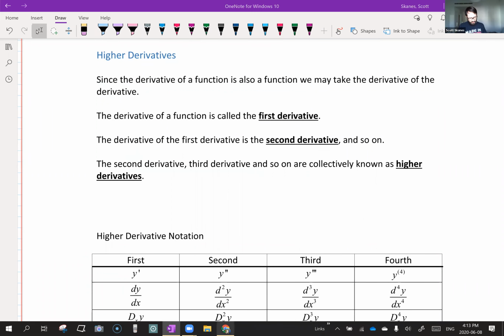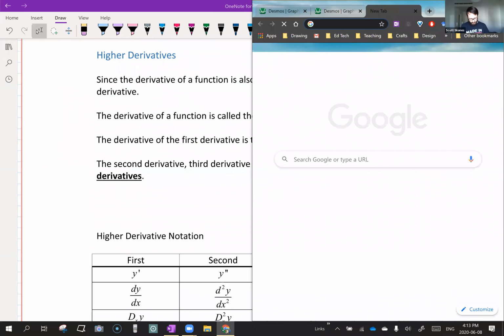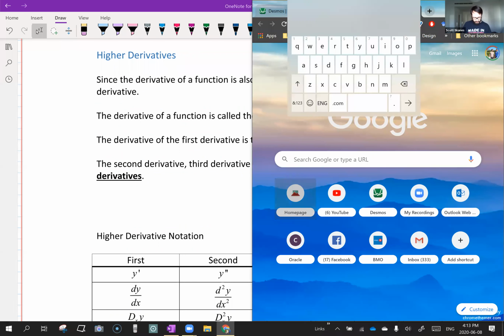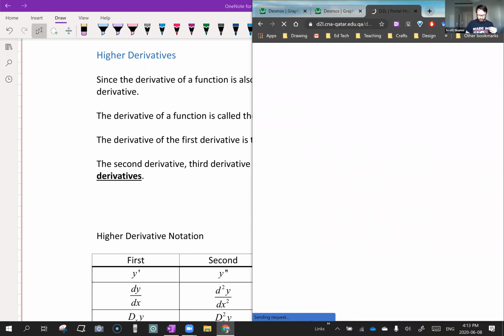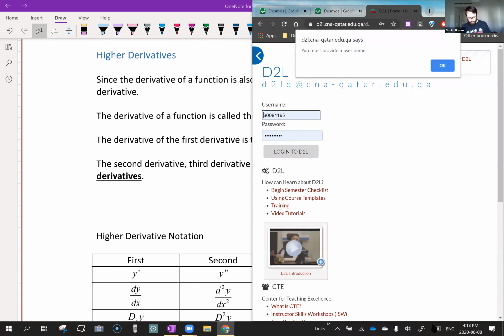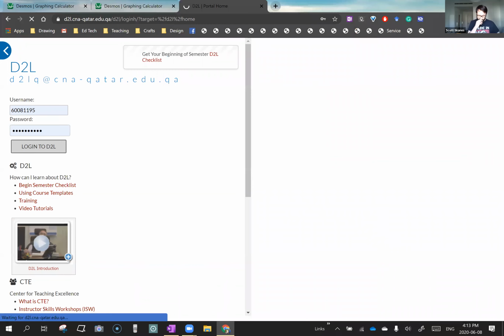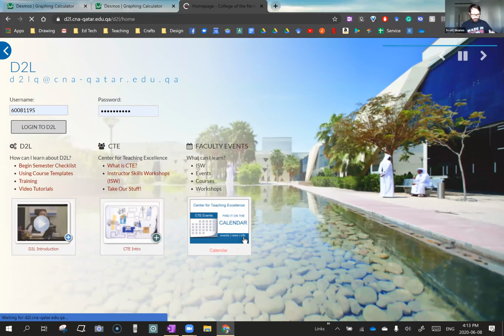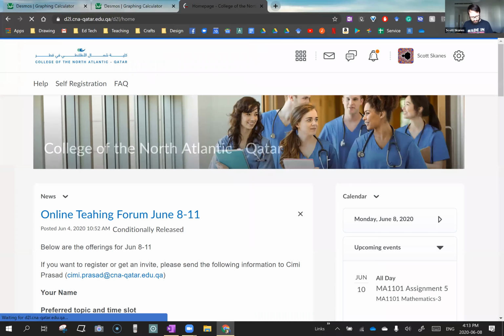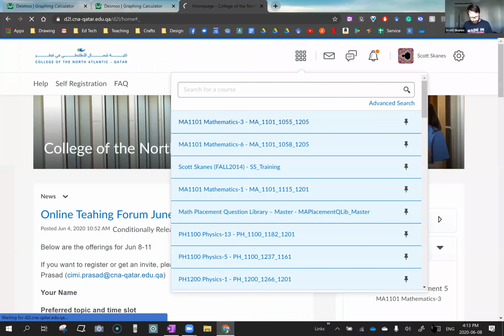Let me just mention this because somehow students are still asking me about extra practice. They don't understand this, they don't understand that. So much of what you need to know is in this D2L shell. So just let me make a slight side note here because I'm getting weird questions. This isn't your course, but same structure.